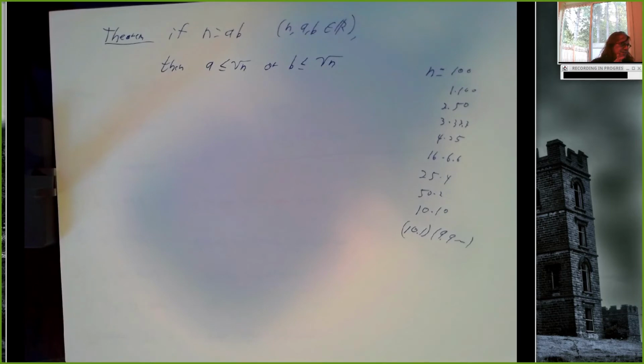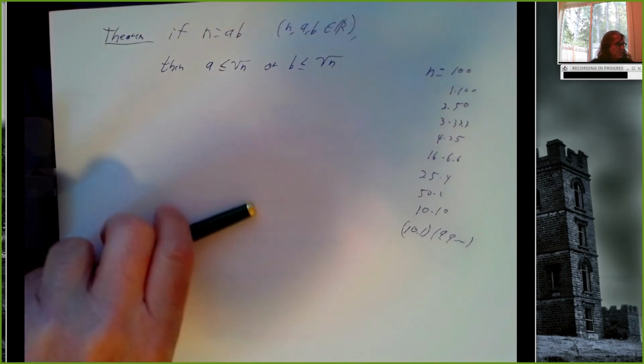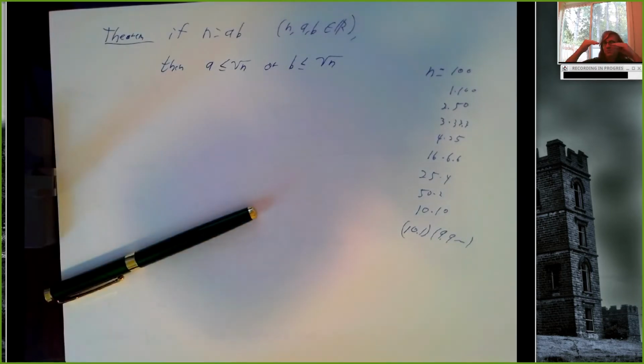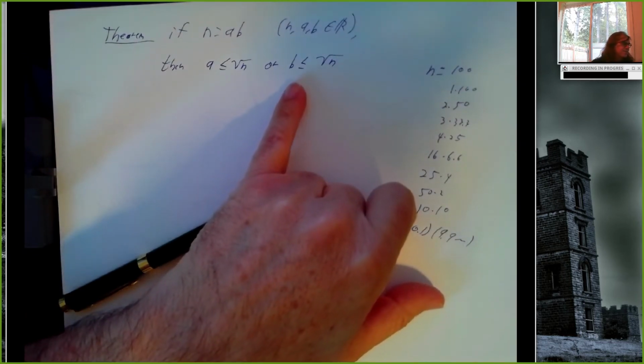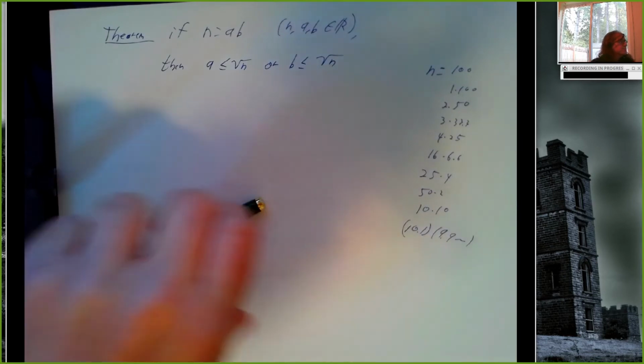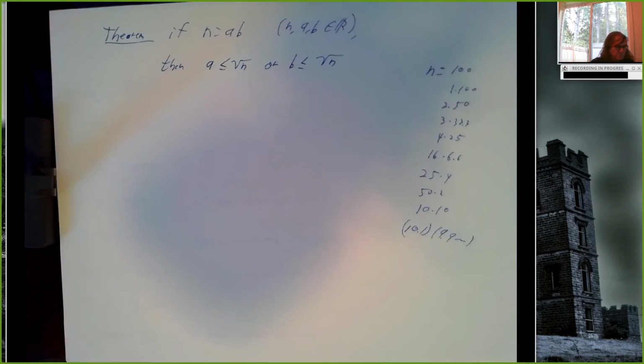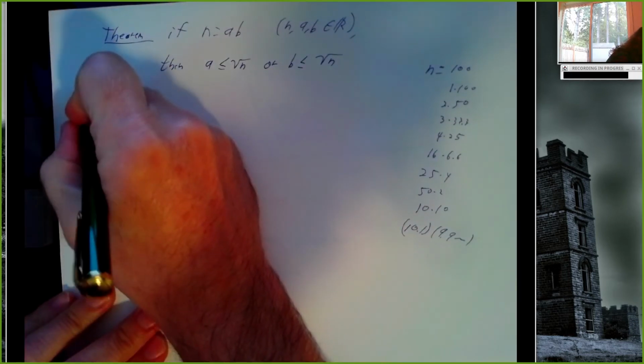This idea that if you write n as the square root times the square root, and you try to force one of those to be bigger to violate this condition, the other one's going to get smaller, and it's going to satisfy this condition even more strongly. So that suggests maybe doing an indirect proof. So let's try an indirect proof.